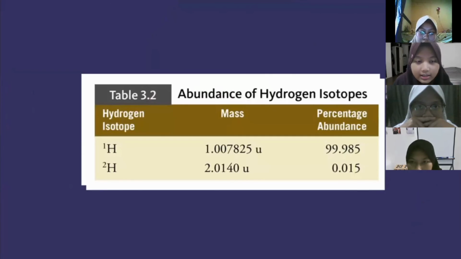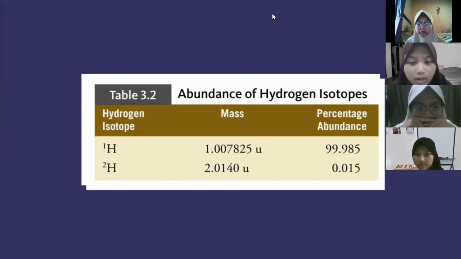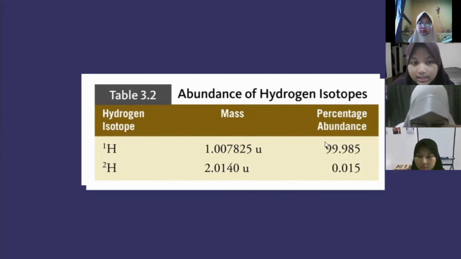You can see that there are 2 types of isotope. First, hydrogen-1 has a mass of around 1, and then hydrogen-2 has a mass of around 2, and the percentage abundance of hydrogen-1 is more than hydrogen-2. You can see it in the percentage of abundance.